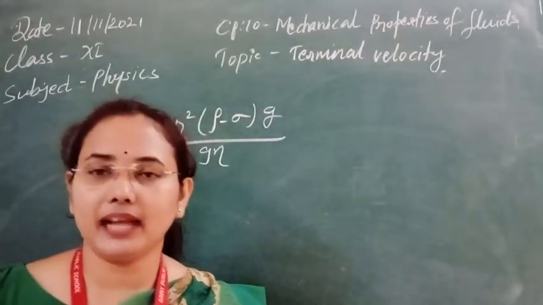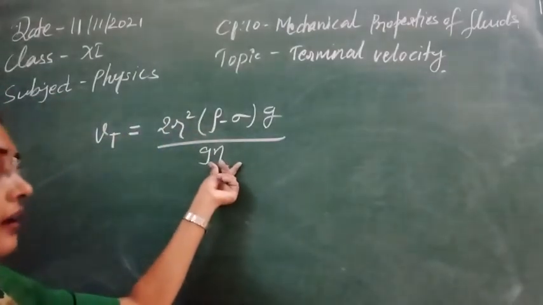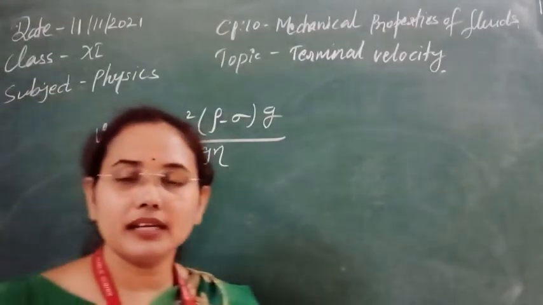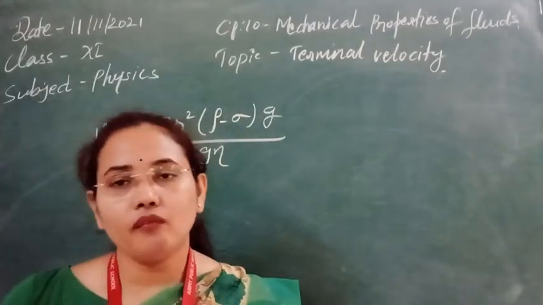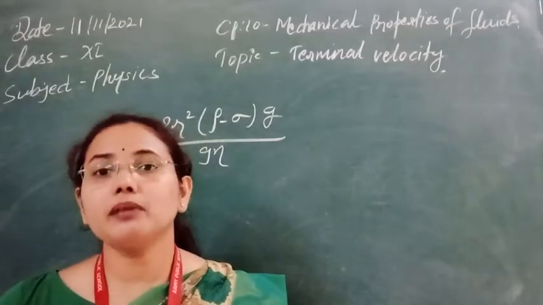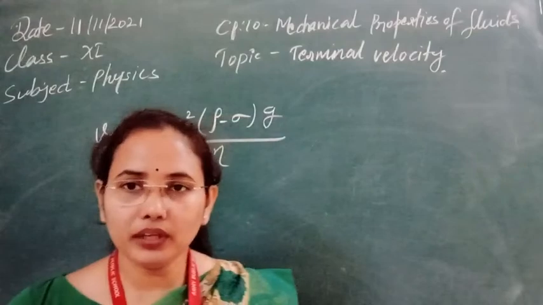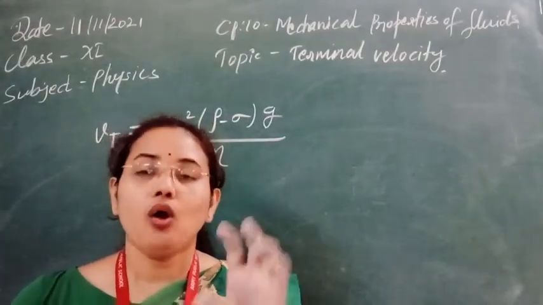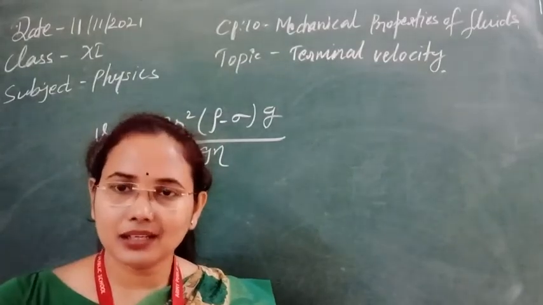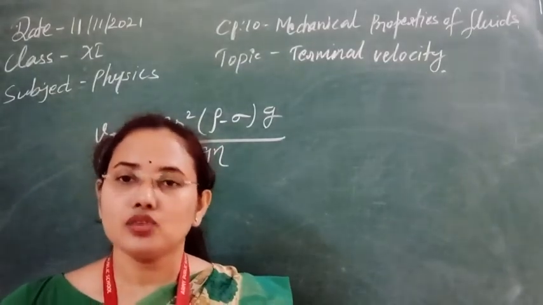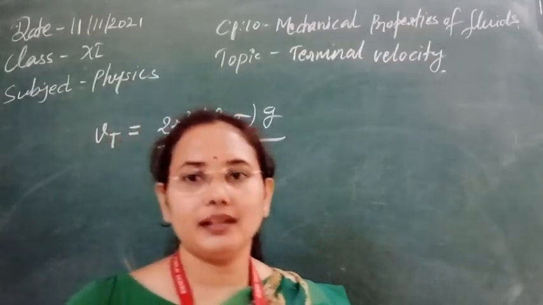If the body moves in different media with different viscosity, then for greater viscosity it will achieve less terminal velocity, and for less viscosity it will achieve greater terminal velocity. You can understand it by throwing a ball through oil or water, or by taking two different liquids like honey and water. The viscosity is different, so the terminal velocity will also be different.